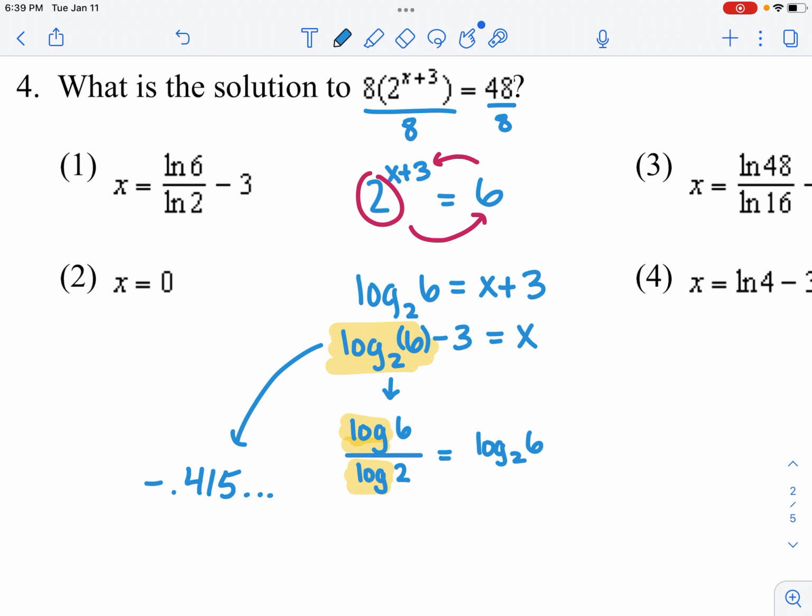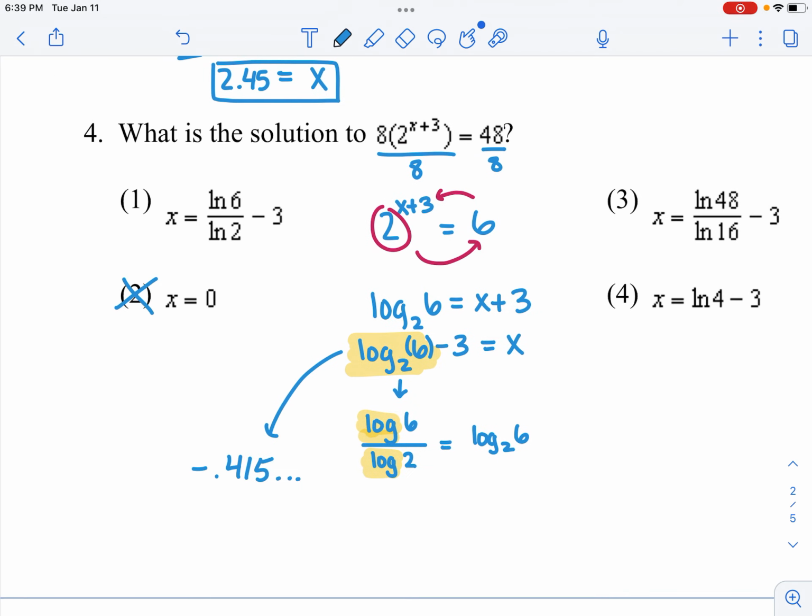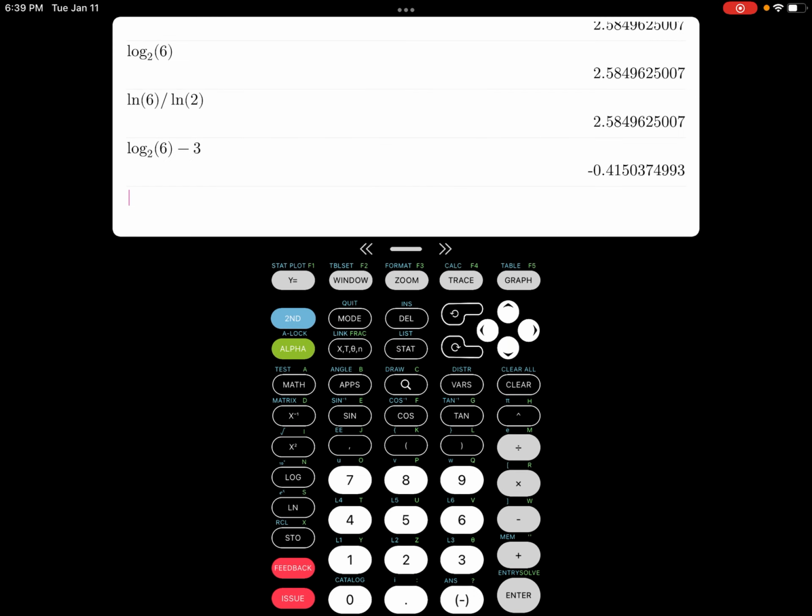And then I could check my choices. Obviously, that's not 0, so I'm narrowing it down a bit. So I could type in natural log of 6 divided by natural log of 2, and then subtract 3. And there's my answer.